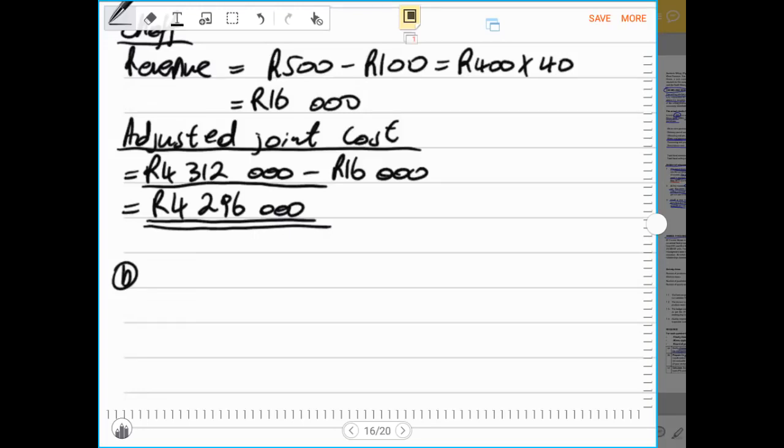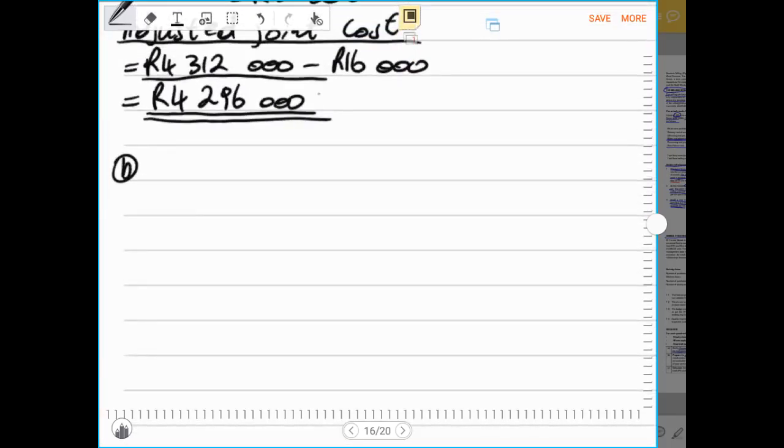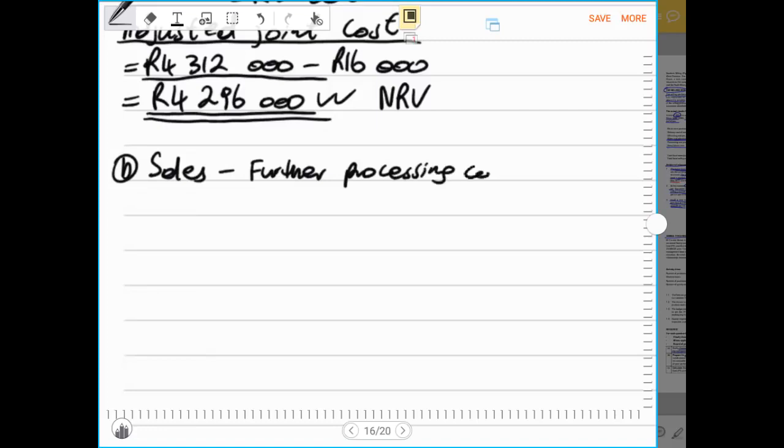So now we want to allocate our joint cost. Remember, this is our joint cost. And the question is, how do we allocate it? The instruction is that we must allocate using the net realizable value method. Net realizable value is sales minus further processing cost.